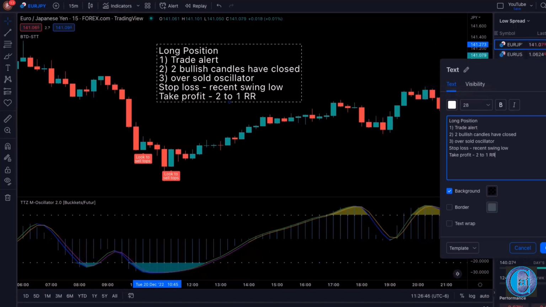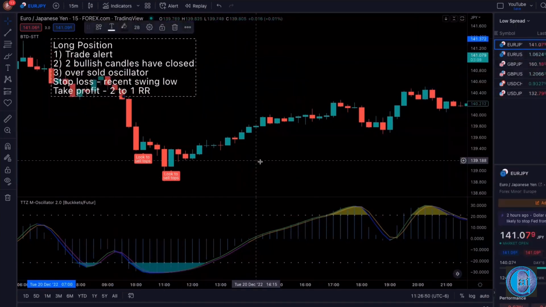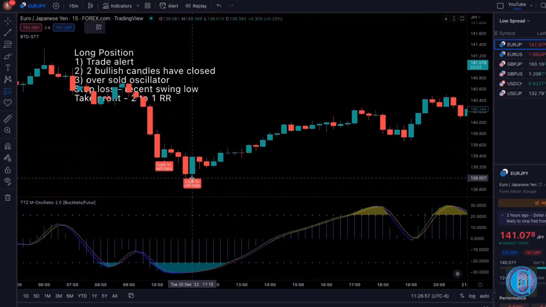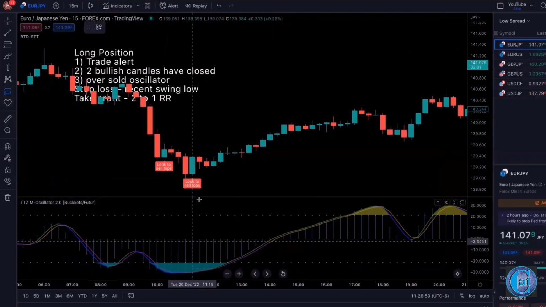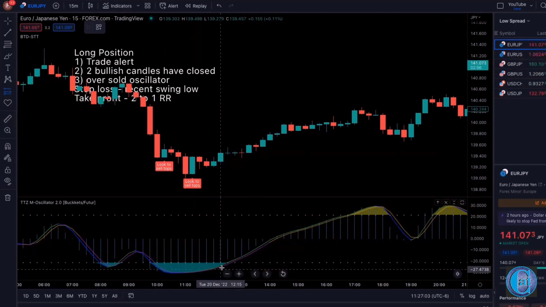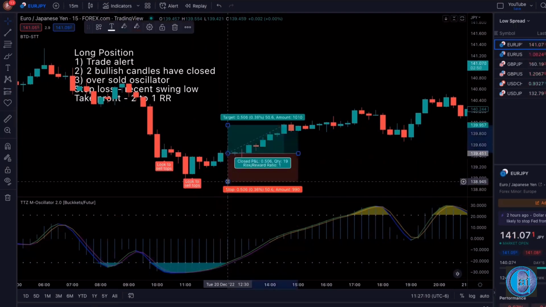Okay. So let's keep this to the side so you guys can still see these. And for example, right here, you get the signal to buy, it's oversold. Wait for 2 bullish candles, right? Still oversold, right? Get in right there.